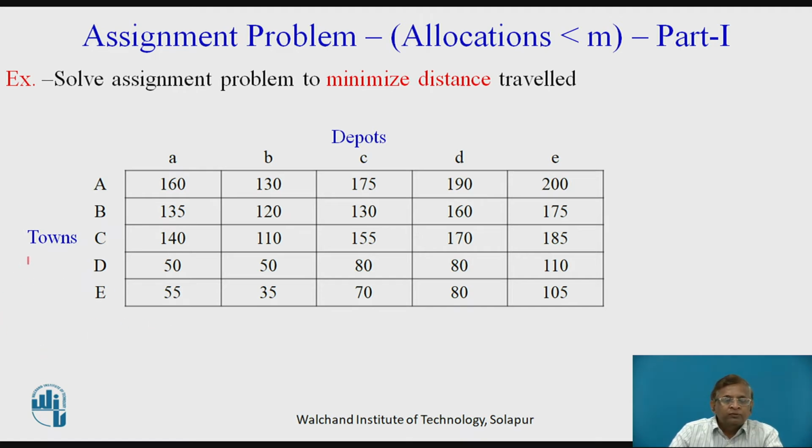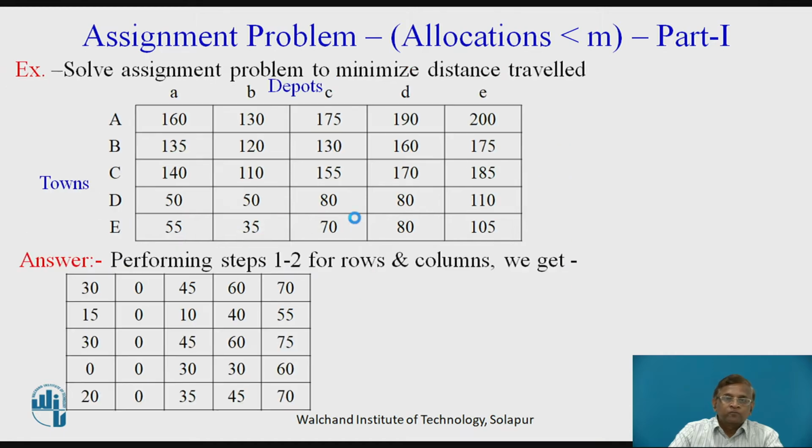We have 5 towns and 5 depots, and the Cij values in the table give the distance between town and the depots. And our aim in solving such problems is naturally how can we minimize the total distance traveled while moving from 5 towns to 5 depots.